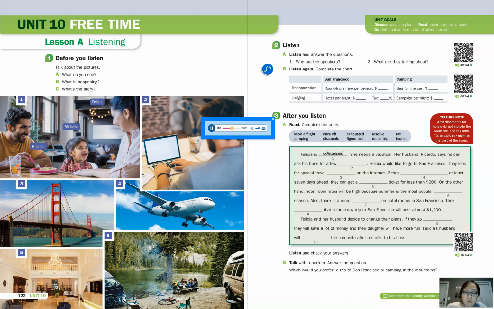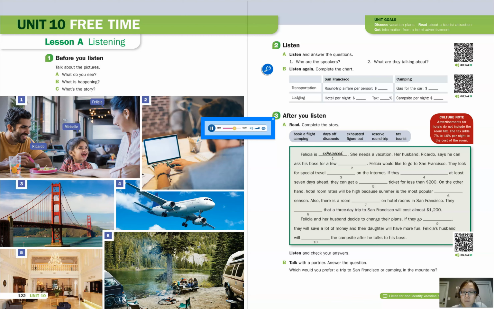Plus the room tax, don't forget. You have to add on an extra 14% or something like that. Right. I forgot about that. So if the three of us take this trip, and if we stay in San Francisco just 3 days, it's going to cost almost $1,200. That's a lot to spend for just a 3-day vacation, Ricardo.